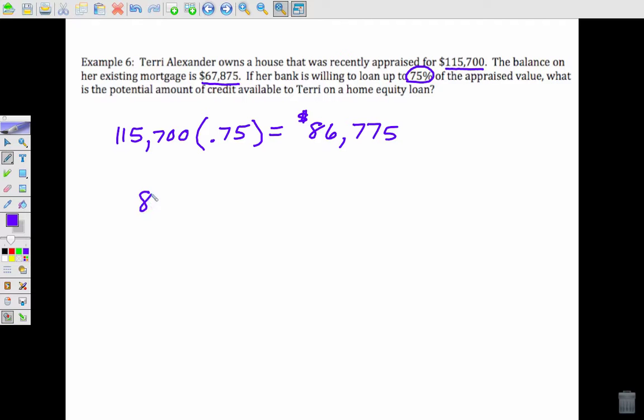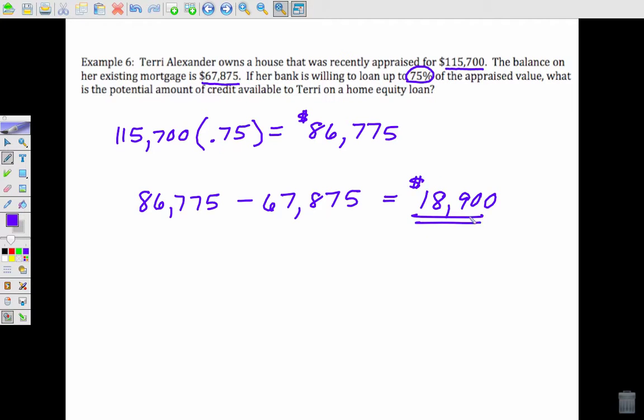She could borrow 86,000, but she still owes 67,875 on her first mortgage, so you have to subtract those to find the difference. The difference is 18,900. She can only borrow up to 18,900 on that home equity loan. So just two steps: figure out what amount we can borrow, and second, subtract how much you have left on your first mortgage.